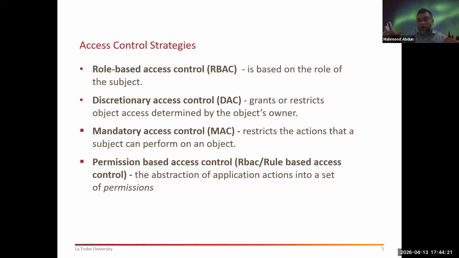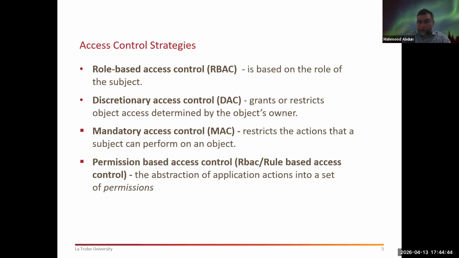And also, these people with this level of access can only have access to those resources that are at that level and below. So this is a kind of centrally administered access control mechanism, and it's very strict. And we'll be going through the pros and cons of each very shortly.